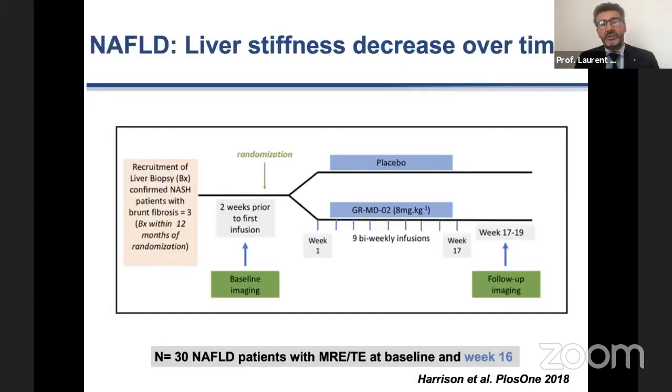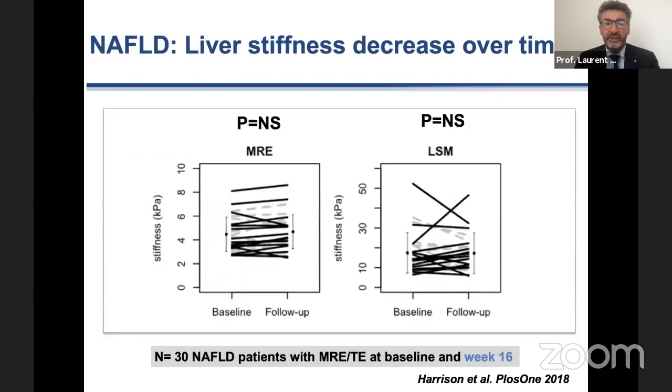Let's have just a couple of slides regarding liver stiffness decrease over time in NAFLD, because this is now basically what is used in the trials. This is a small study, 13 NAFLD patients with transient elastography and MR elastography.